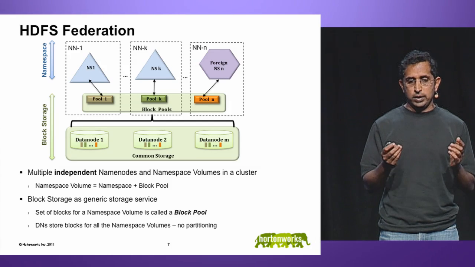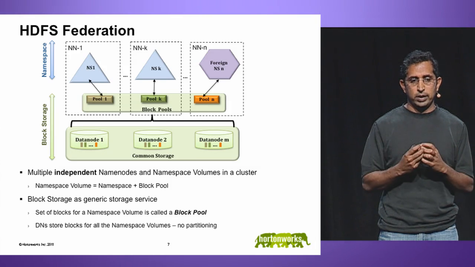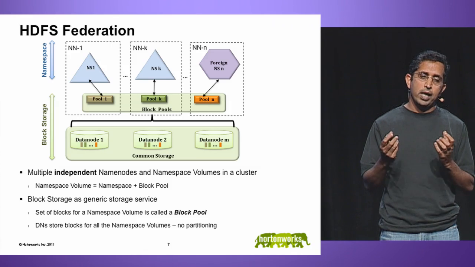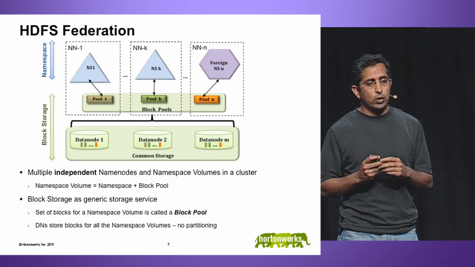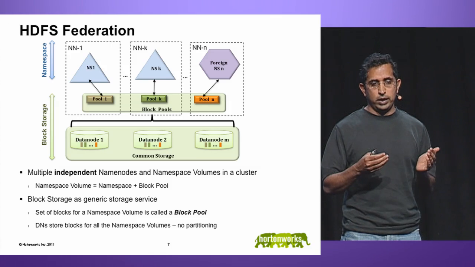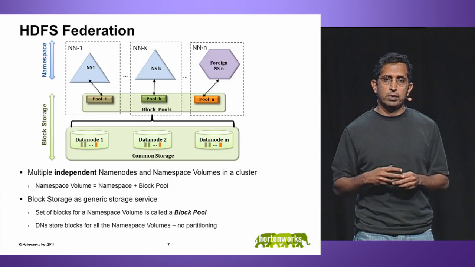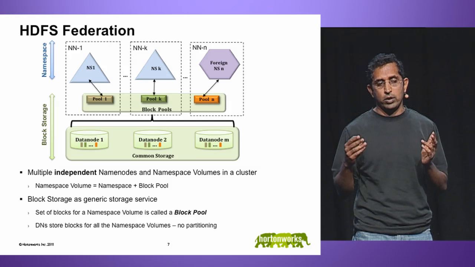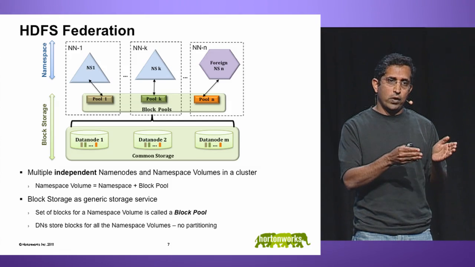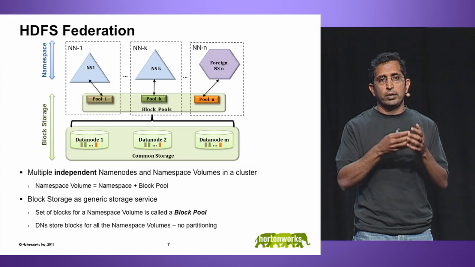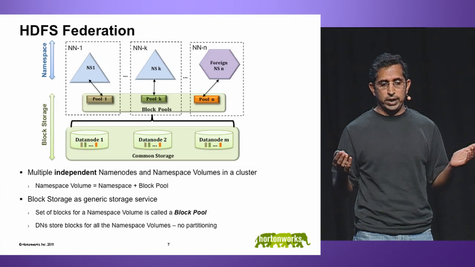This also uses the same set of Datanodes for storage for all the namespaces in the cluster. So Datanodes provide an abstraction called a block pool to the namespaces for storage, and Datanodes are not partitioned for different namespaces. They are used by all the namespaces in the cluster.